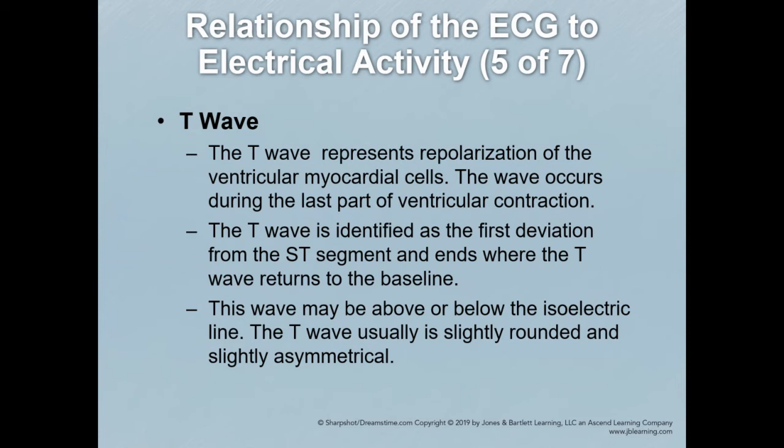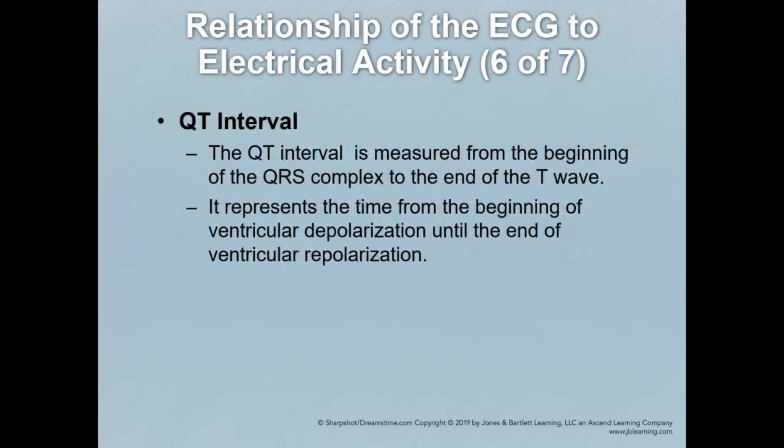The QRS is the ventricles depolarizing or firing, and the T wave is the ventricles reloading or repolarizing. We don't see the atria repolarize because remember they're much smaller than the ventricles, and theoretically they are repolarizing or reloading at the same time the ventricles would be firing, and so we lose that in the tracing. It's hidden by the QRS.